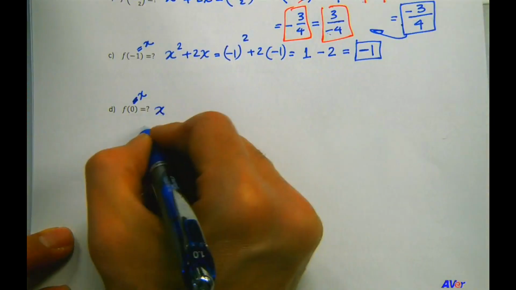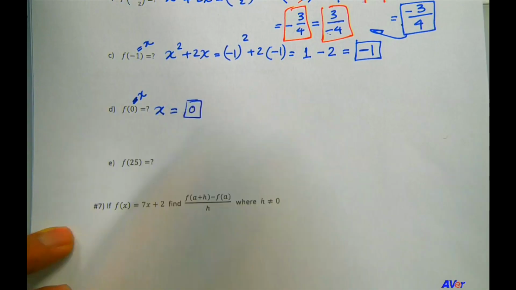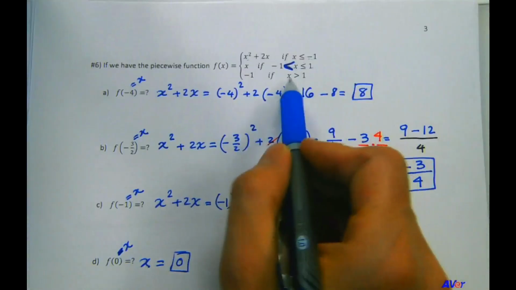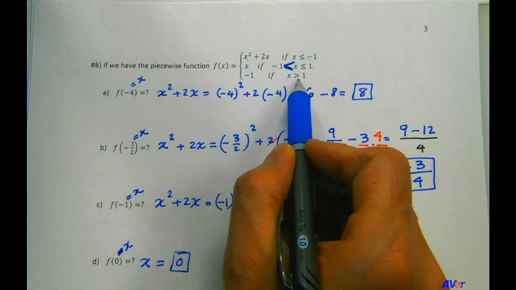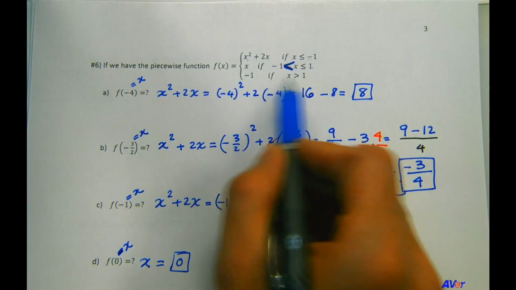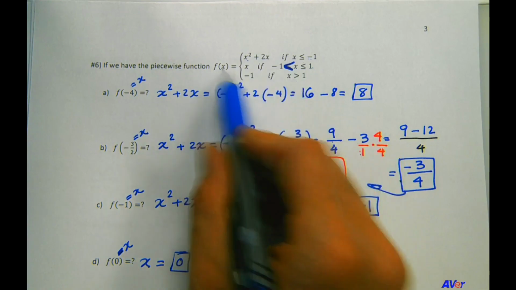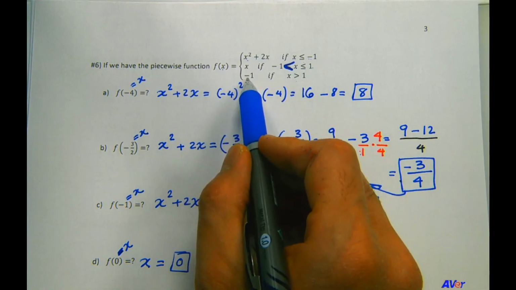So here, replace x with 0, we have 0. Okay, x equals 25. So 25 is definitely greater than 1, right? So if x is greater than 1, the value of the function is always equal to -1.